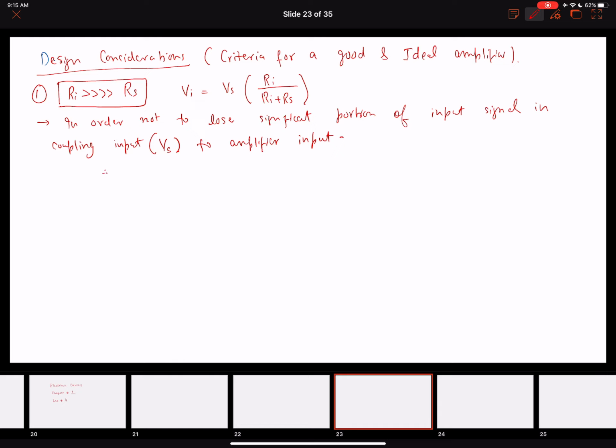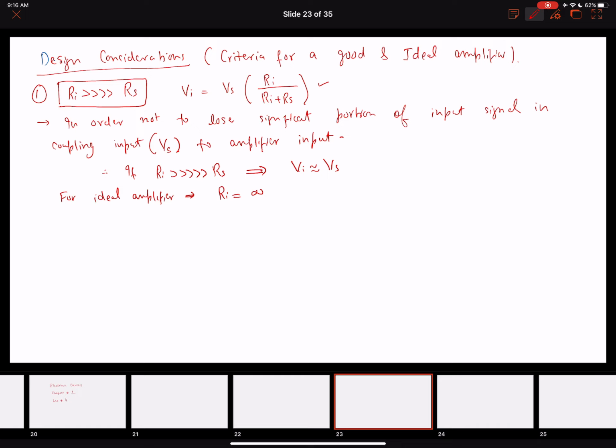So if input resistance is extremely larger than the source resistance in this equation, this will make sure that our Vi will become equal to Vs and there will be no loss in the signal. For an ideal amplifier, input resistance is infinite.